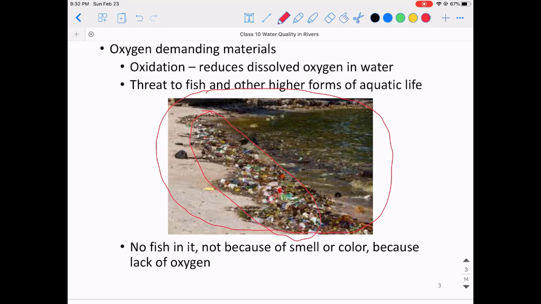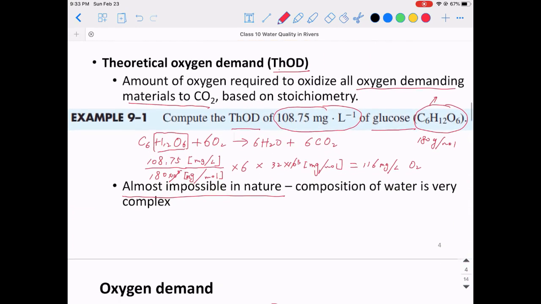But we have to mention that this might be an overestimate of the oxygen demand for the water. For example, if we go back to this picture here, you can see that there are a lot of plastic bags inside, right? The plastic bags are very stable in the water. They're not getting easily oxidized, or they're not demanding the oxygen really quickly. They can stay in the water for even millions of years, right?